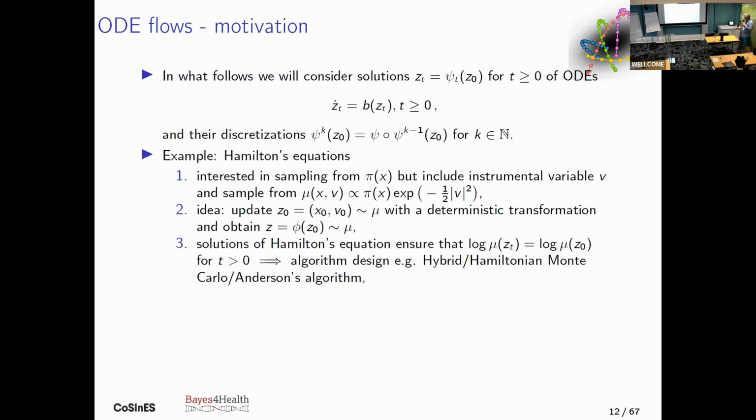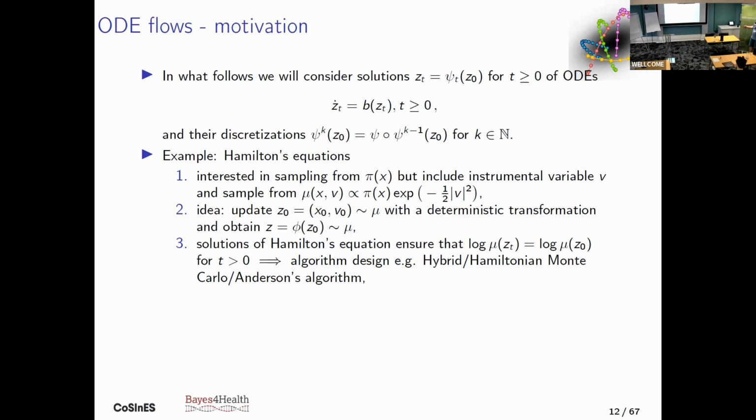So there is at least one flow that does this, which is basically the solution of Hamilton's equation. And I'll write them down later on just to show you that they exist. So if you take Hamilton's equation and you can solve them, they've got exactly these properties.